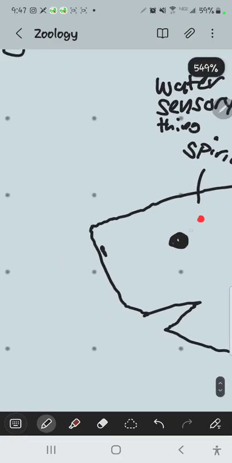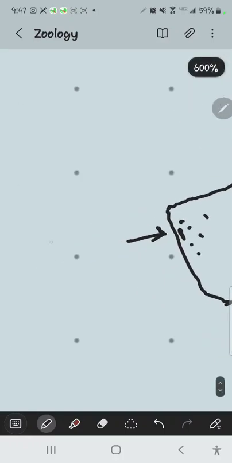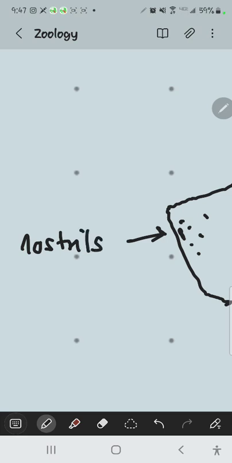You'll see around the anterior end of the nose of the shark what looks like kind of a bad complexion. They have all these pores around their nose, and these are basically electrosensors. These are little pits that can sense electricity.